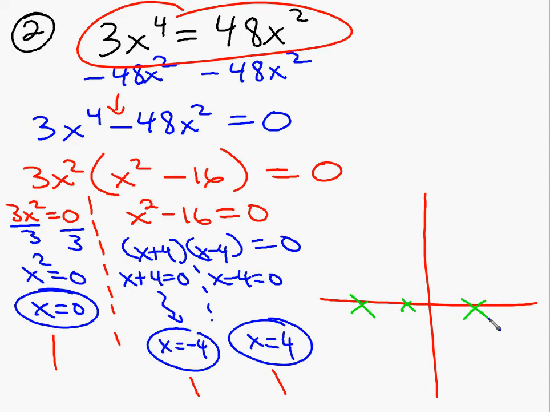Whatever those three numbers, I would have one at 4, I would have one at 0, and I would have one over here at negative 4. Whatever that graph looks like. Okay? So keep that in mind. Let's move on. We've got a couple other situations we need to hit.